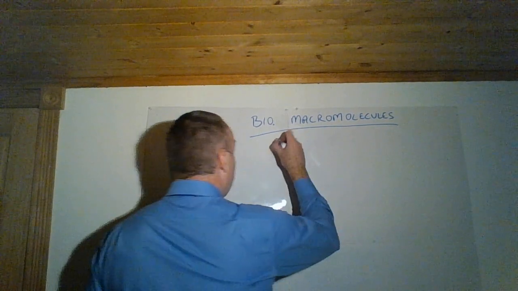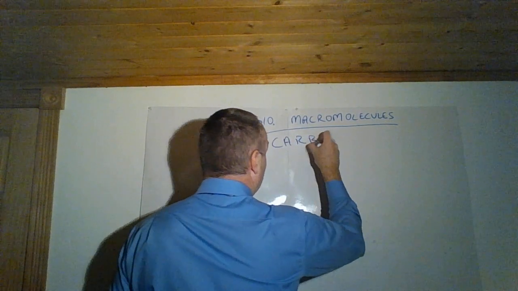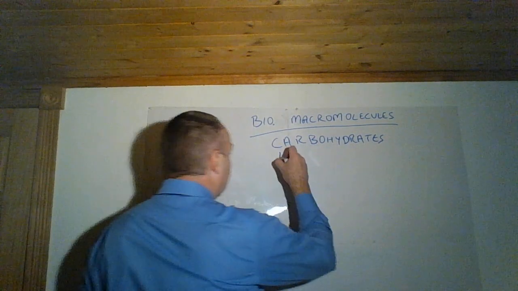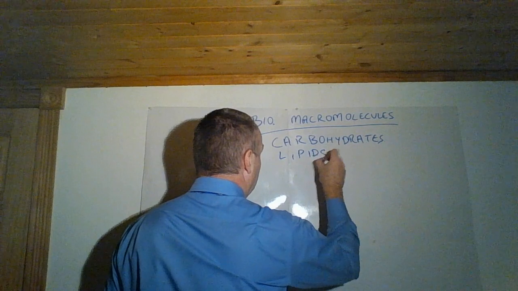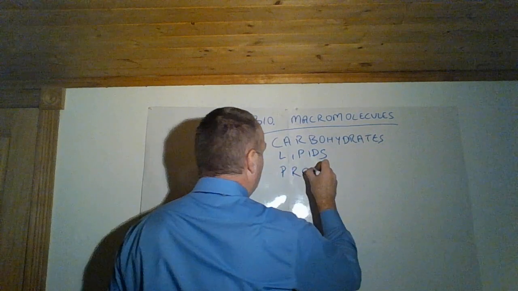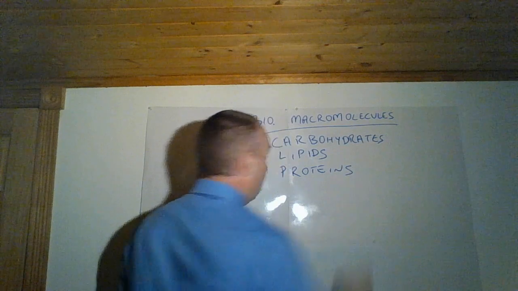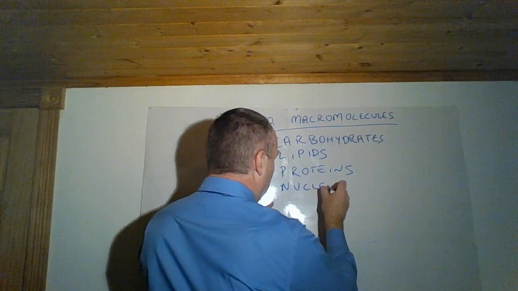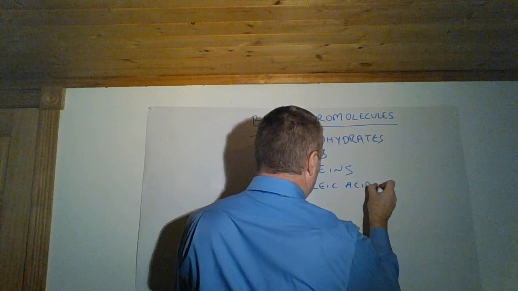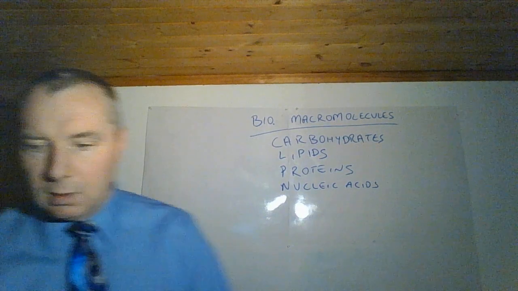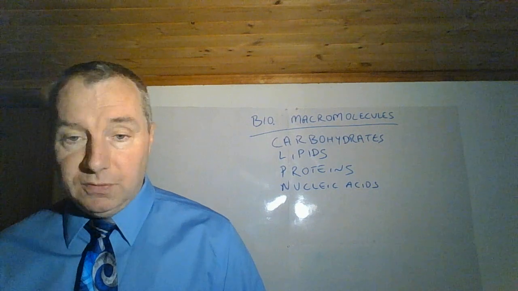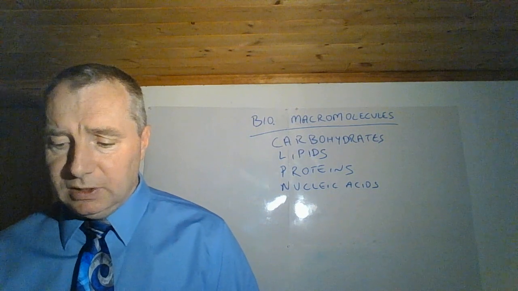So we have carbohydrates, lipids, proteins, and nucleic acids. So, they're the four biological macromolecules.